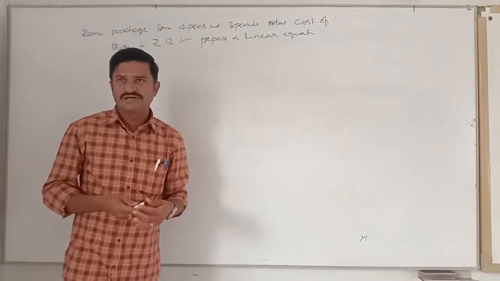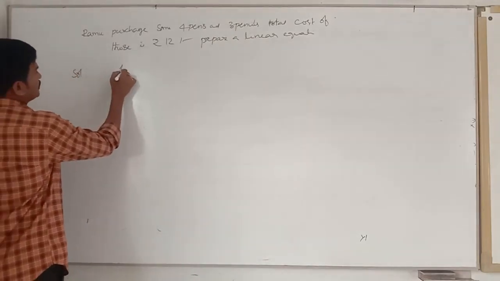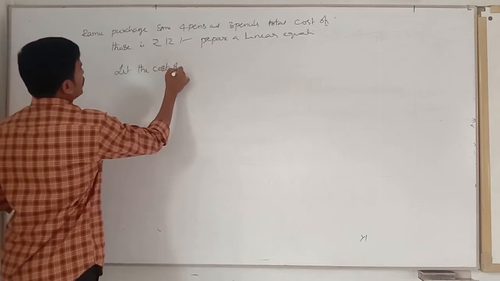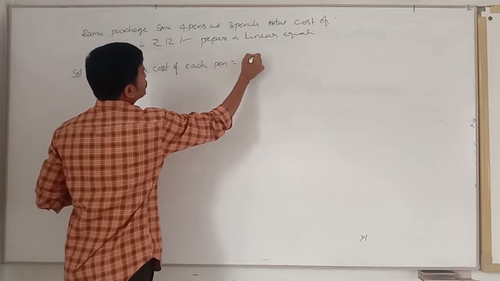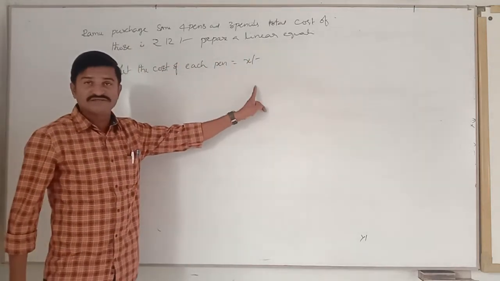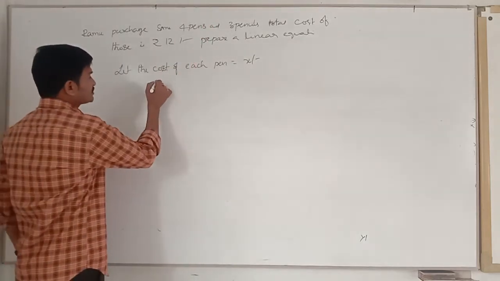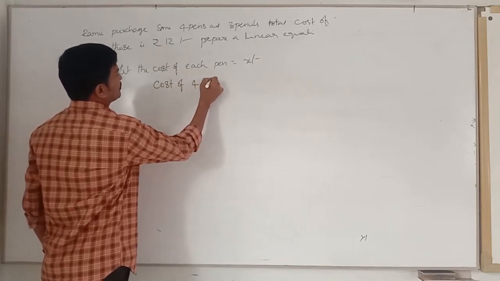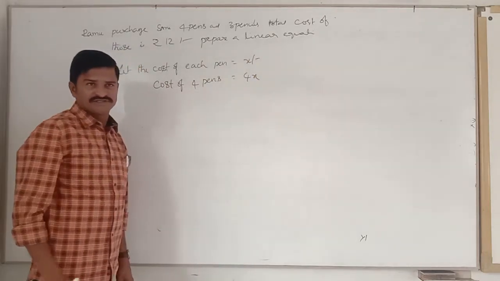So let us assume the cost of each pen equals X rupees. When the cost of each pen is X rupees, how many pens does he purchase? 4. Therefore, what is the cost of 4 pens? The cost of 4 pens equals 4 into X, 4X rupees.